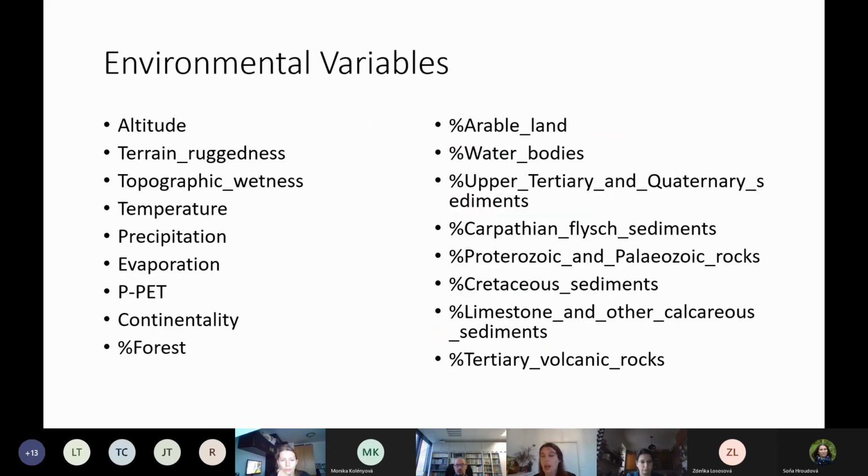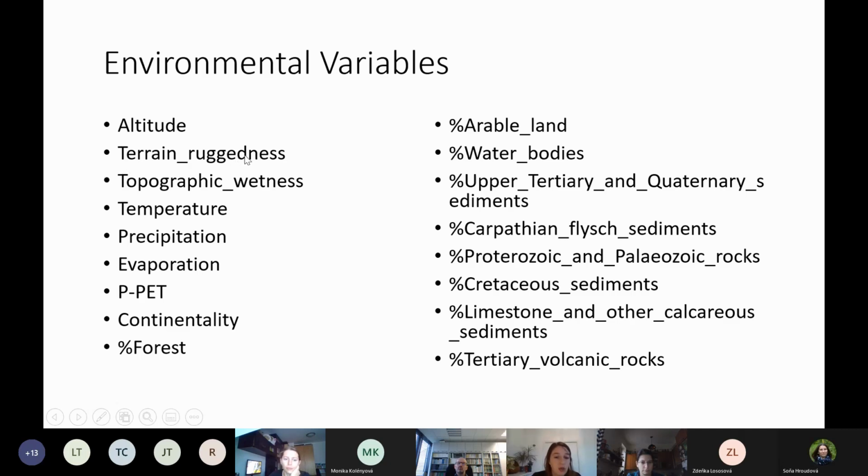And as I told you, we had available quite a big set of environmental variables to test, which I didn't know exactly where to start, so I wanted to start with all of them. Here are the ones that I think are usual: altitude, temperature, precipitation, terrain ruggedness, and topographic wetness are topographic measurements.